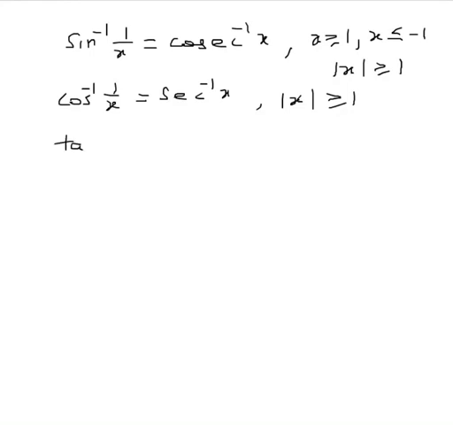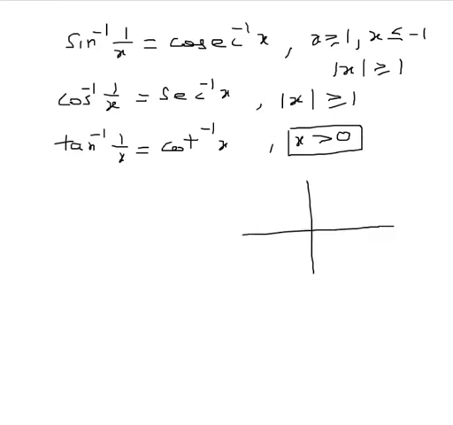Then the third one, tan inverse of 1 by x will become cot inverse of x only when x is positive. This condition is important. You can use this reciprocal property only when x is positive.